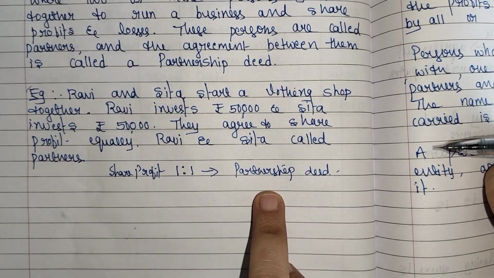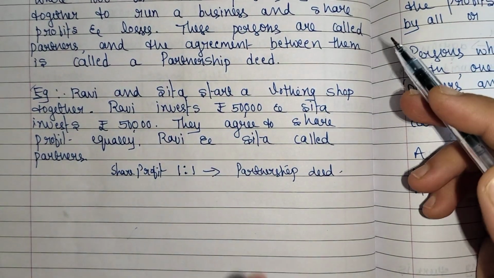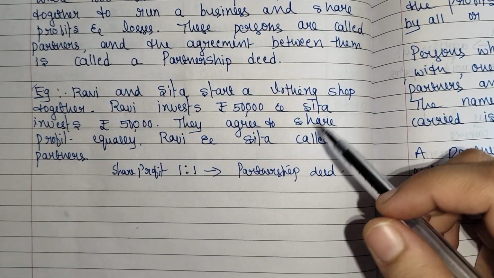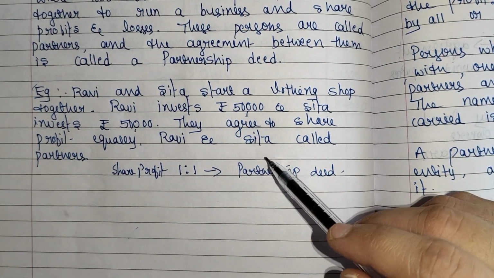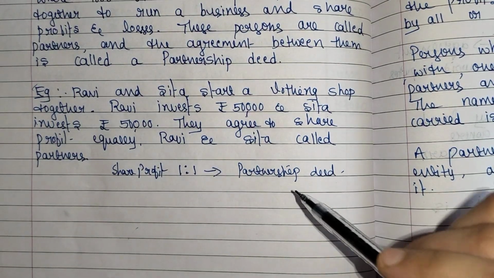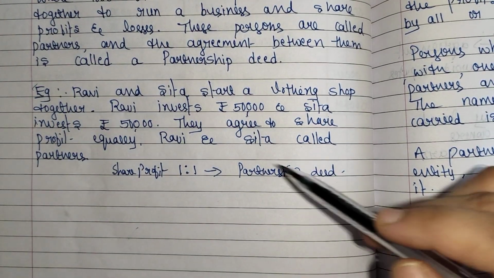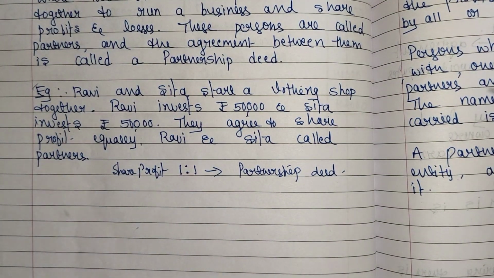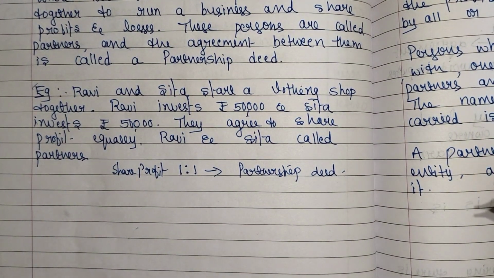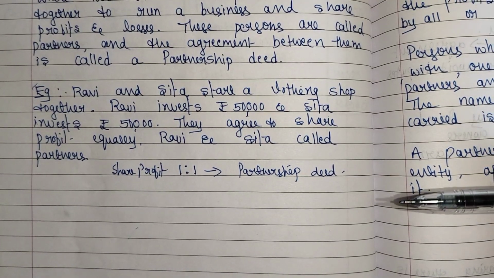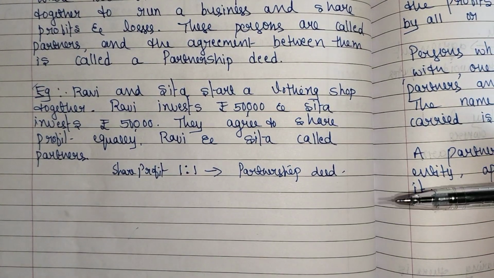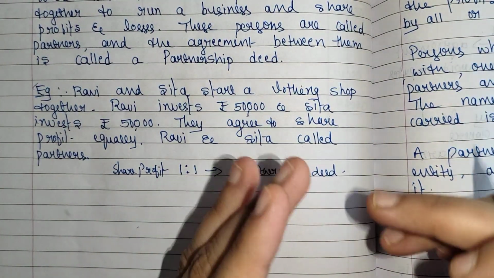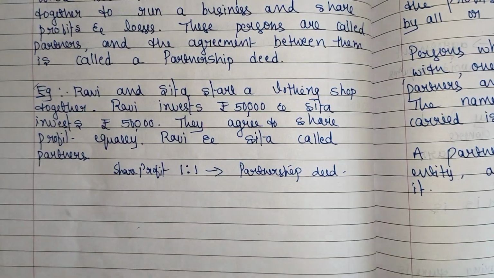Now just learn what partners means. In this example, Ravi and Sita are called the partners. They started a clothing shop together, both invest the same amount, and they write an agreement stating that both will invest 50,000 each and share profit in the ratio of 1:1.